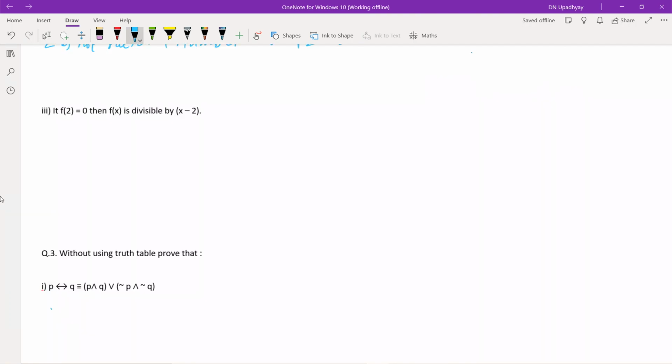So 2 is not rational number or root 2 is irrational number. So this is the value.